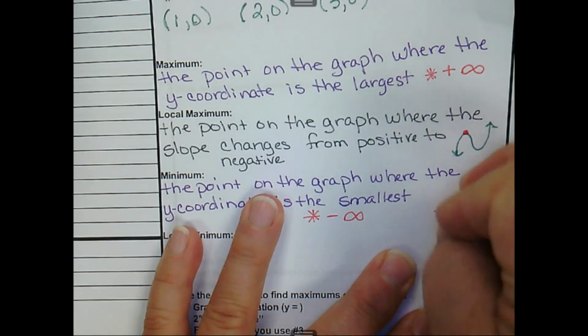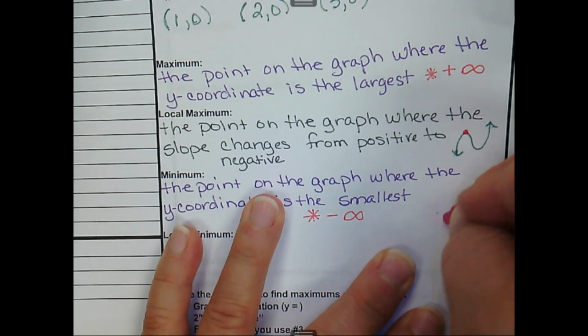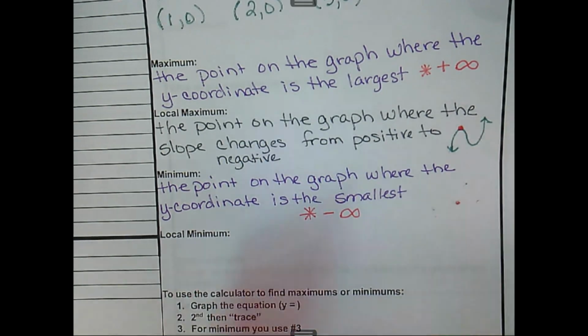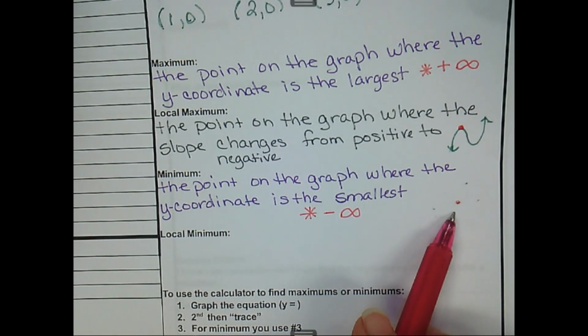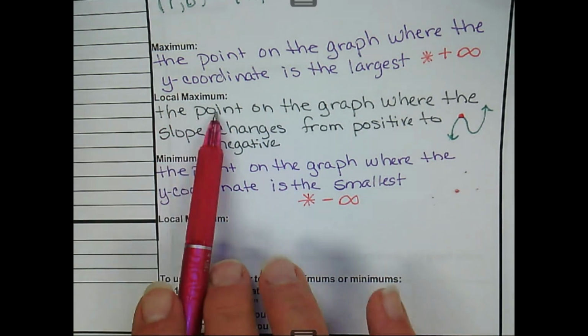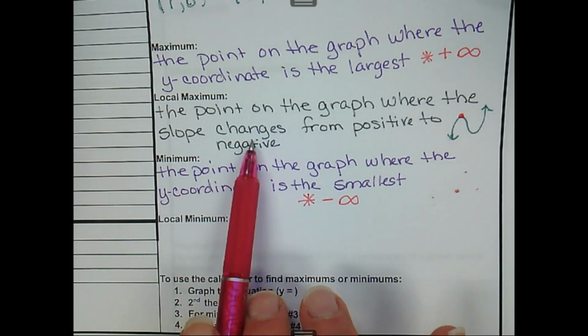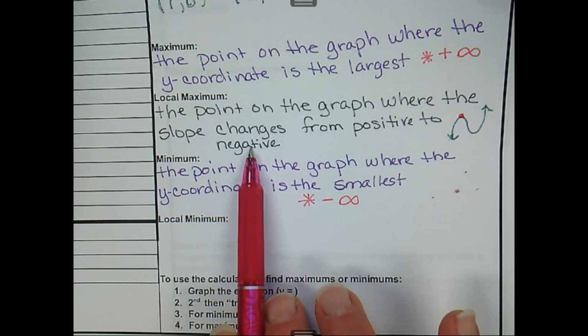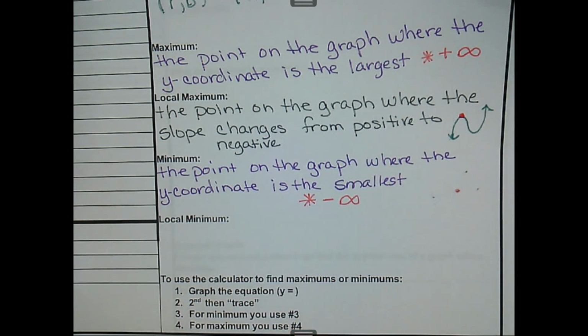What I was showing you was a local minimum. A local maximum is the point on the graph where the slope changes from positive to negative. So the minimum is where it changes from negative back to positive.